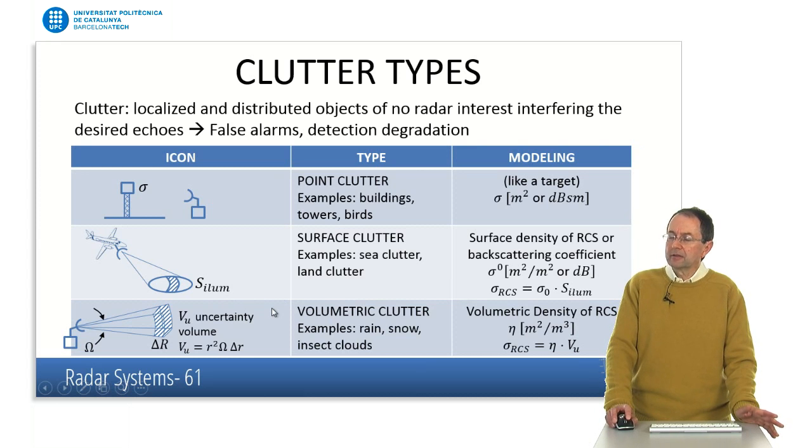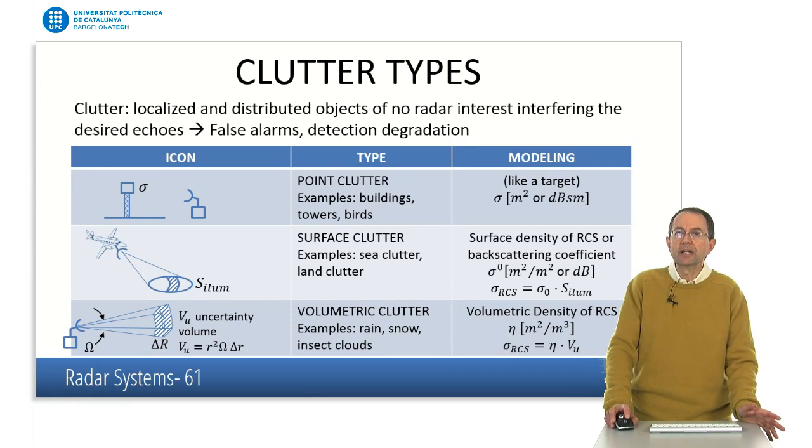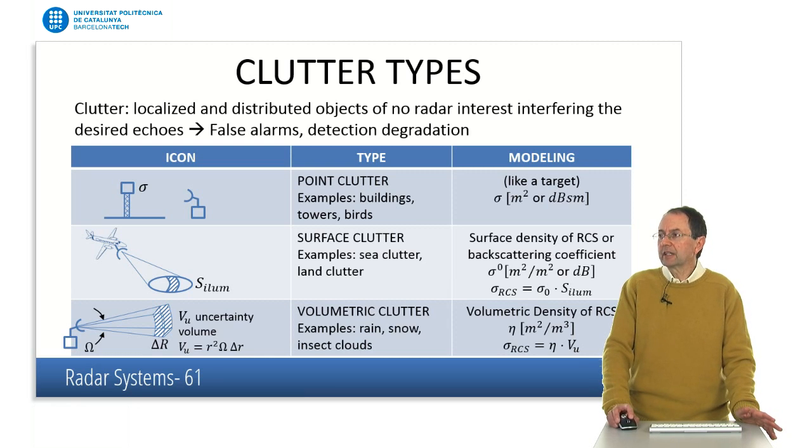Other target types are volumetrically distributed. It is the case of rain or snow or most hydrometeors. In this case, the contribution of this clutter depends on the volumetric area which is actually observed by the radar. And this is called the uncertainty volume.